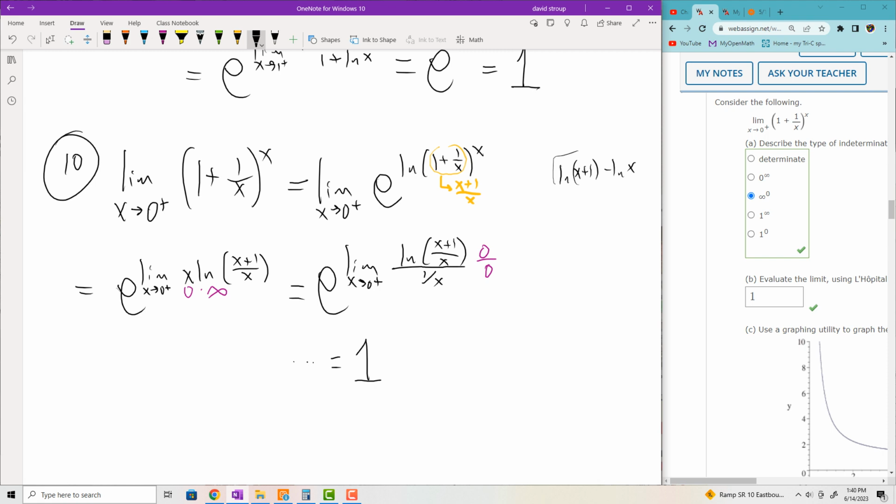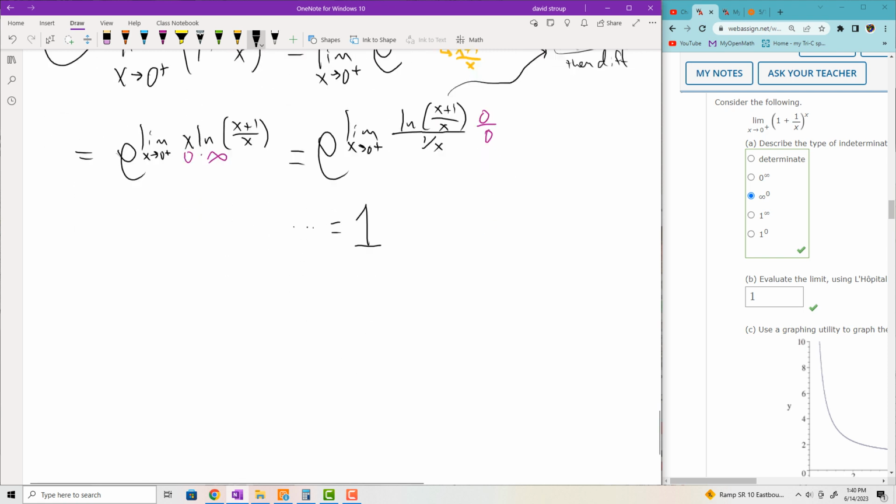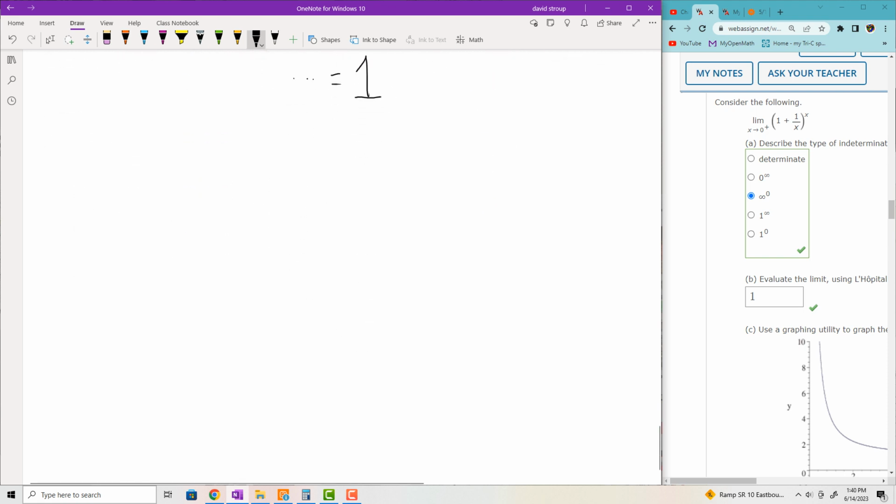So it may be easier to convert it first and then take the derivative. So rewrite it like this, then differentiate. Because at least in that case, it'll just be 1 over x plus 1 minus 1 over x. You still have some algebra to do. And then the denominator, you have to take the derivative of that as well. But hopefully that won't be too big of an issue, and you can get it done.